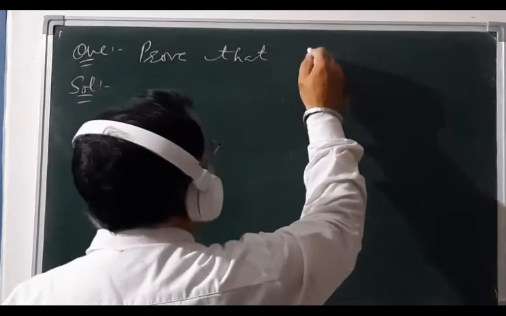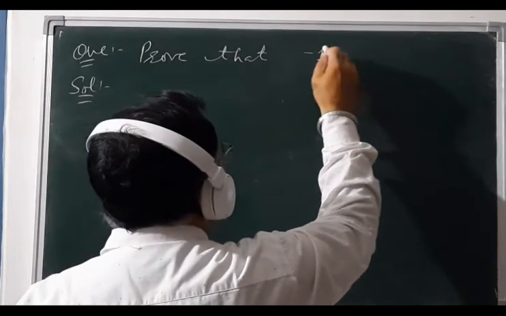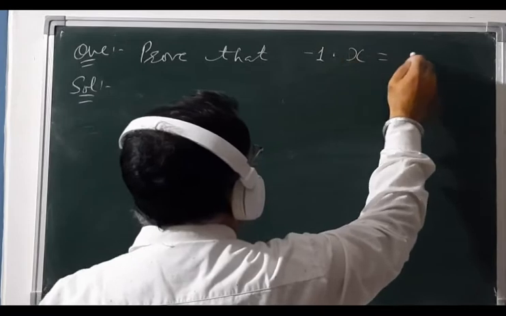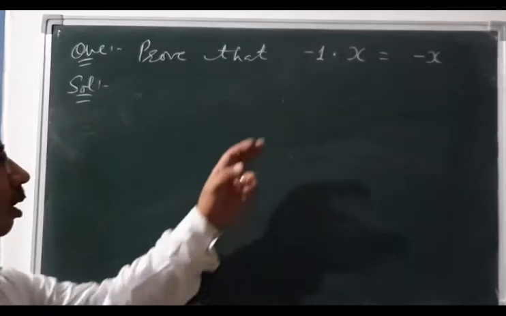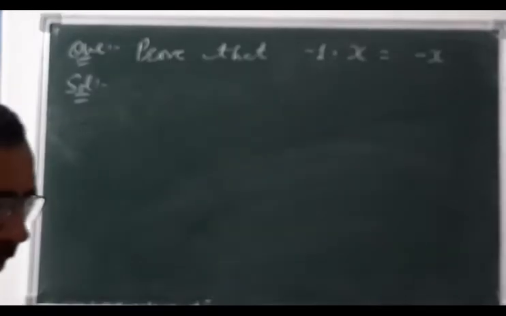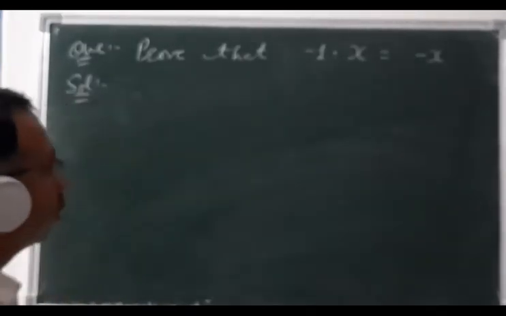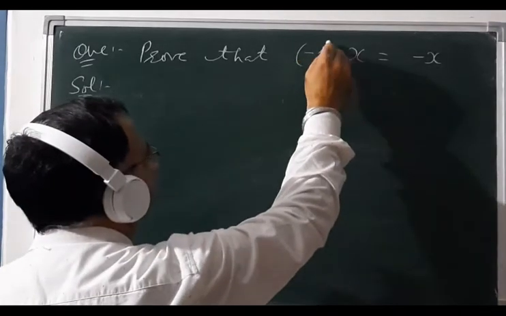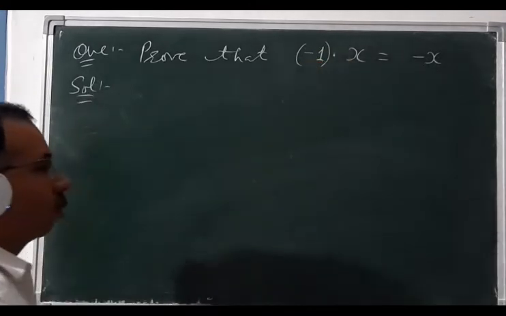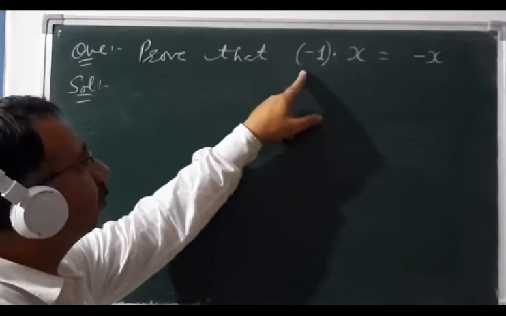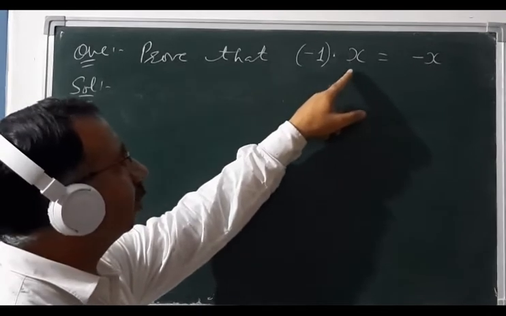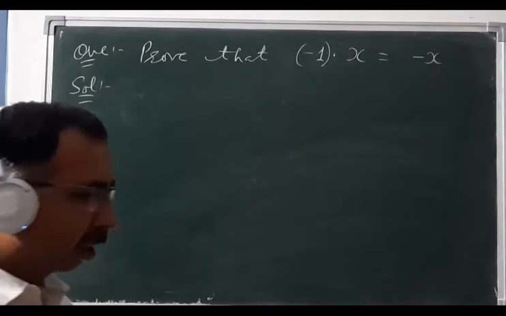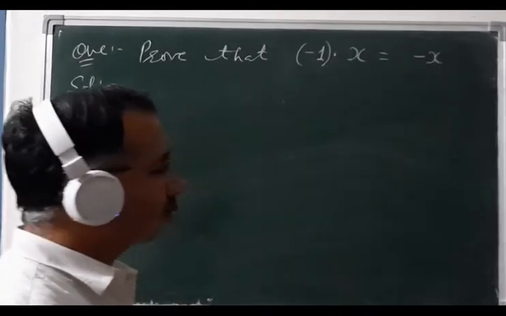Next, prove minus 1 times x is equal to minus x. Now this minus 1 is the additive inverse of 1. 1 is the multiplicative identity. So this minus 1, which is the additive inverse of 1, when multiplied by any number x, gives us the additive inverse of that number.